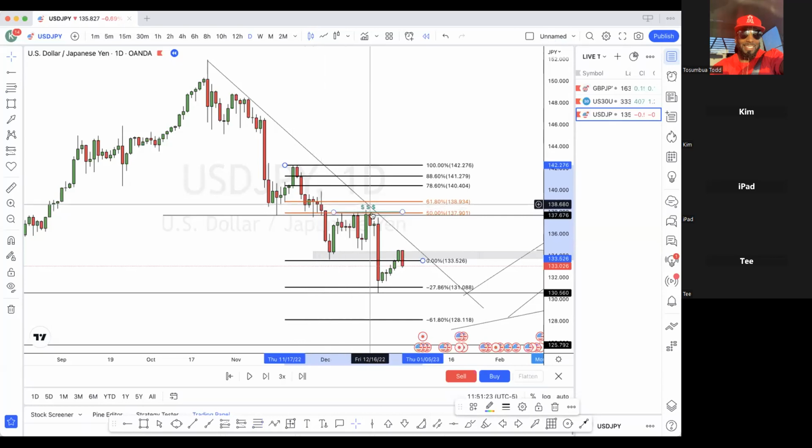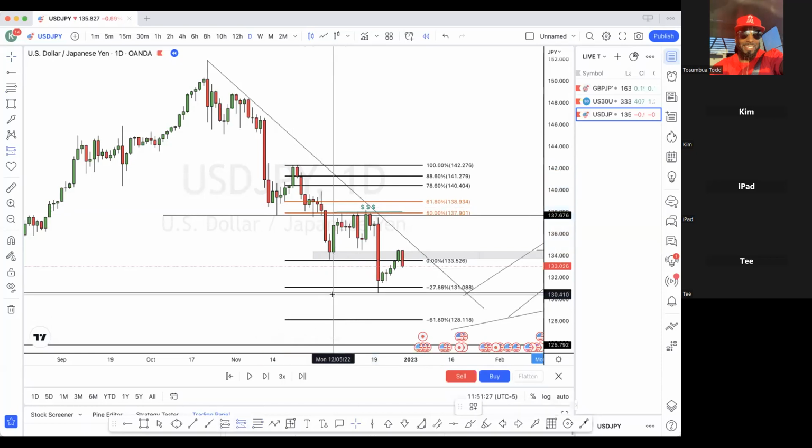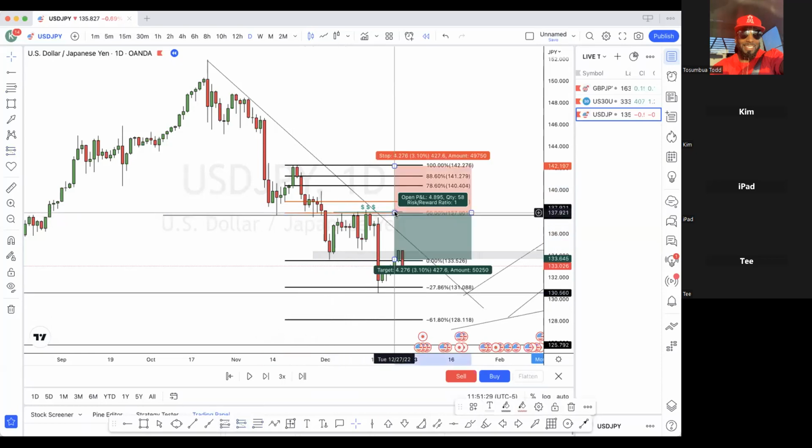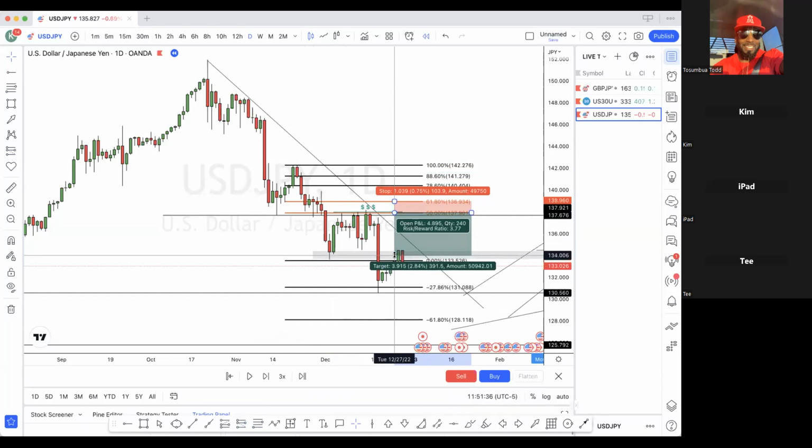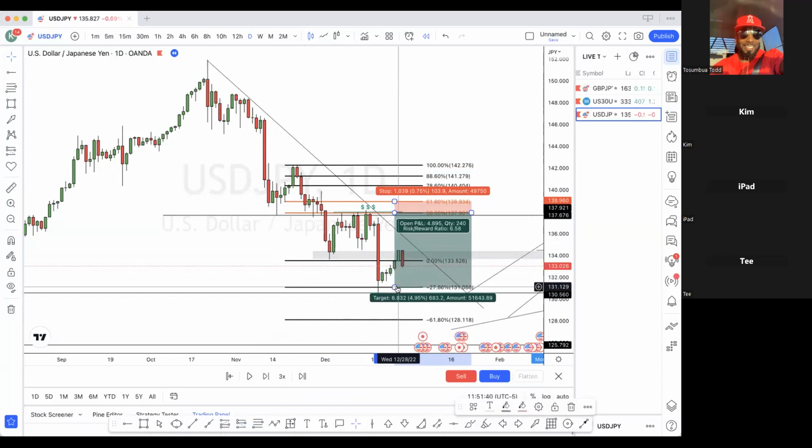So although I did do this, I mean, because it's just basic trading 101, and I did this low, the target for me would have been the negative 27. That would have been a target for me.